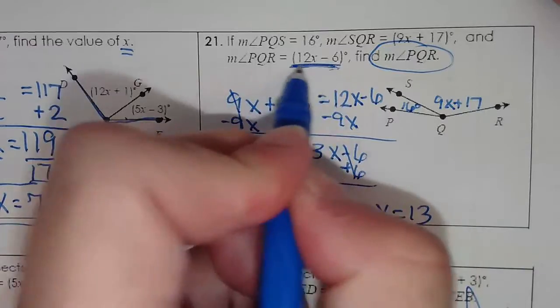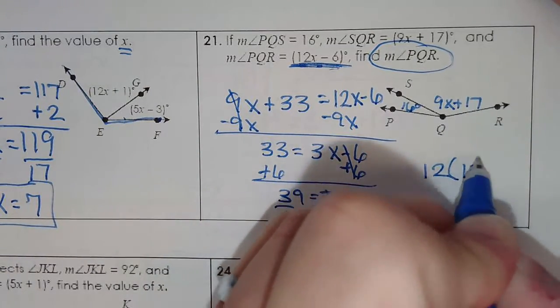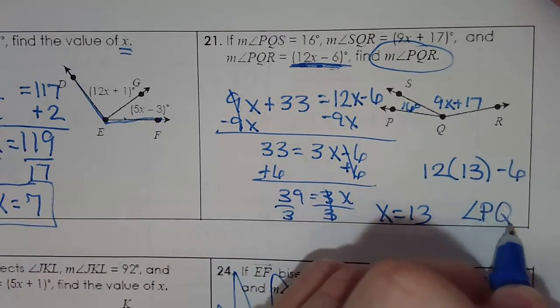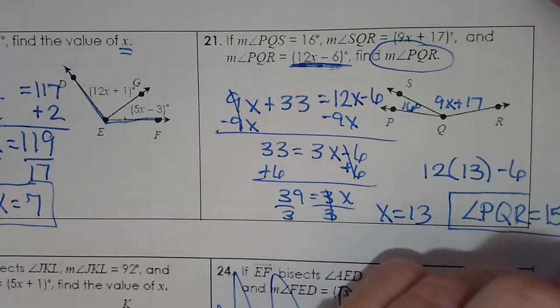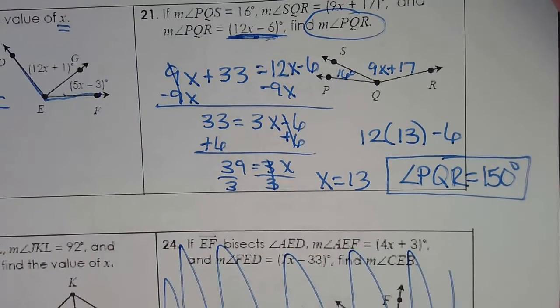PQR is right here, which is 12x minus 6. So I'm going to do 12 times 13 minus 6, and then I find PQR is 150. I didn't do that in my head. I have it written down right here. Any questions there?